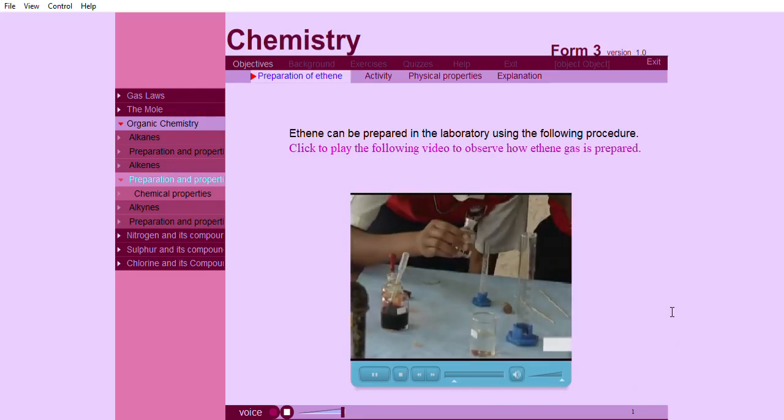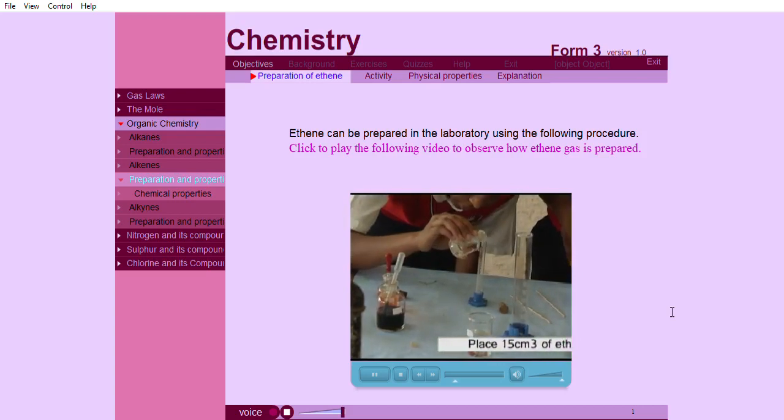Place about 15 centimeters cubed of ethanol in a round-bottomed flask.